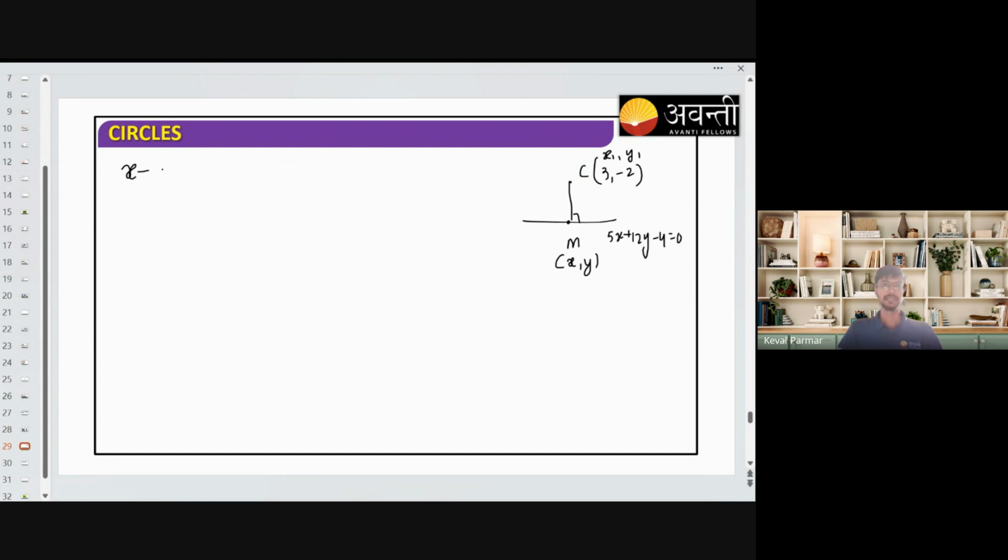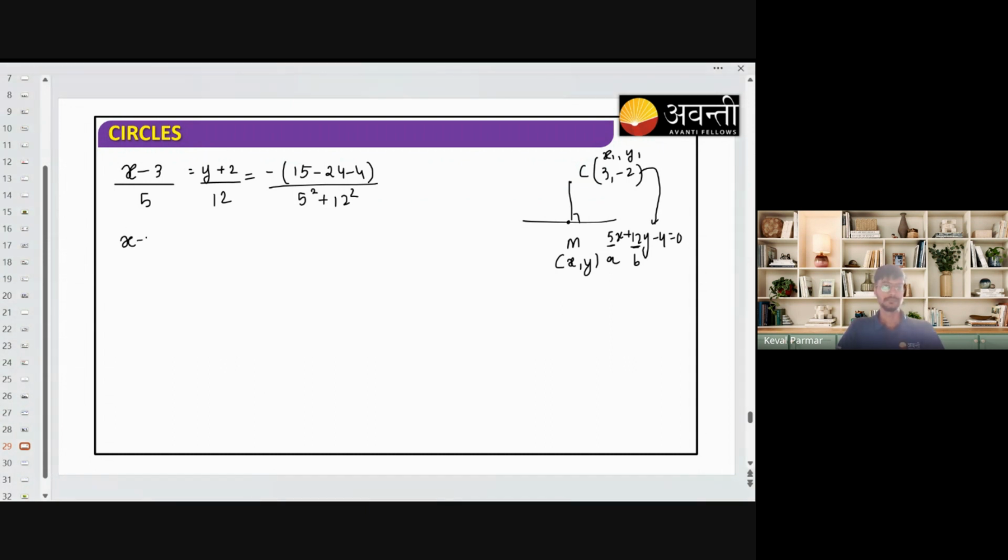So x minus x1 upon a, this is a, this is b, is equals to y minus y1 upon b is equals to minus times substitute the point in the equation. So if I substitute the point in the equation, I'll get 15 minus 24 minus 4 upon a square plus b square. I hope you remember the formula. If you don't remember it, please revise.